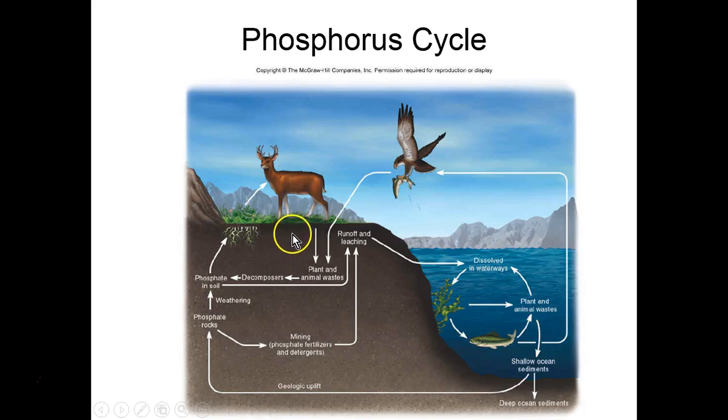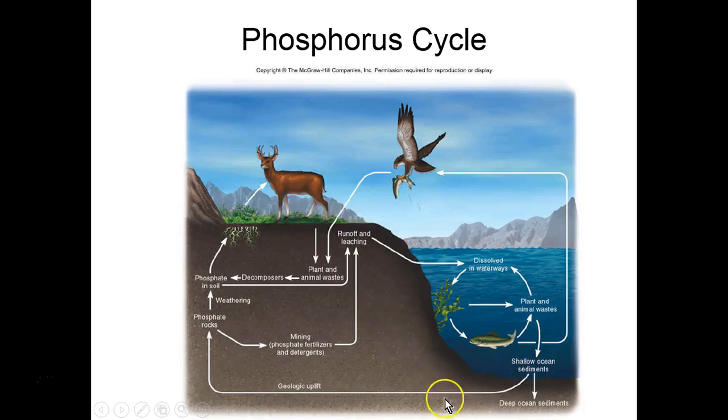That phosphorus essentially goes into the nutrients for plants on land, and then other organisms that eat plants on land eat that. They also poop, and so all of this phosphorus that came onto land ends up coming back into the ocean. I shouldn't say all of it, but a lot of it ends up coming back into the ocean by way of runoff. Okay.